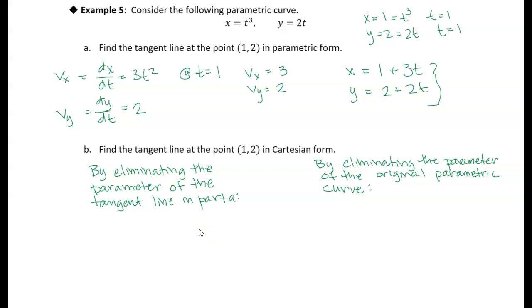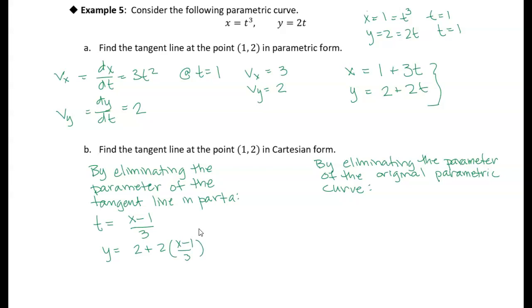taking the parametric form of the line I just found and eliminating the parameter. So I can solve for t in the x equation, and I get t is equal to (x minus 1) divided by 3. Then I substitute that into the equation for y, and I get 2 plus 2 times (x minus 1) over 3.